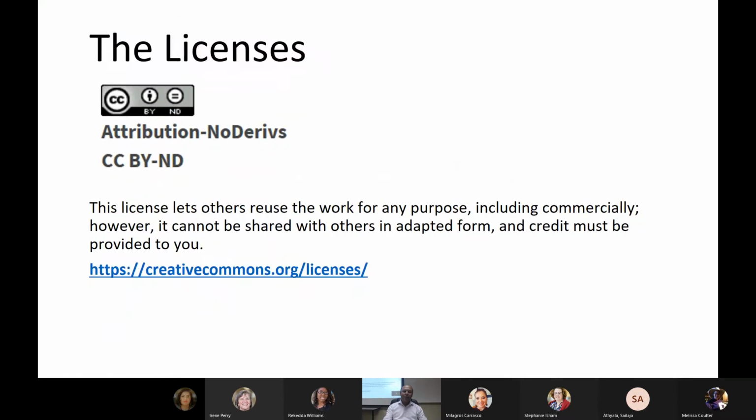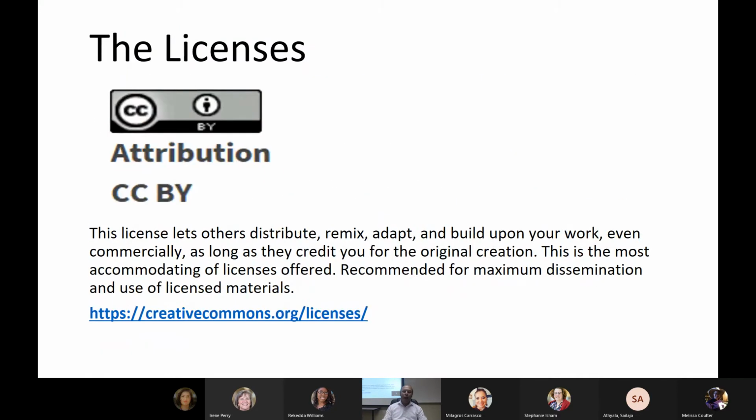CC BY is the most common attribution. This license lets others distribute, remix, adapt, and build upon your work, even commercially. So this is the most free material. You can do anything: remix, adapt, redistribute, even commercially.